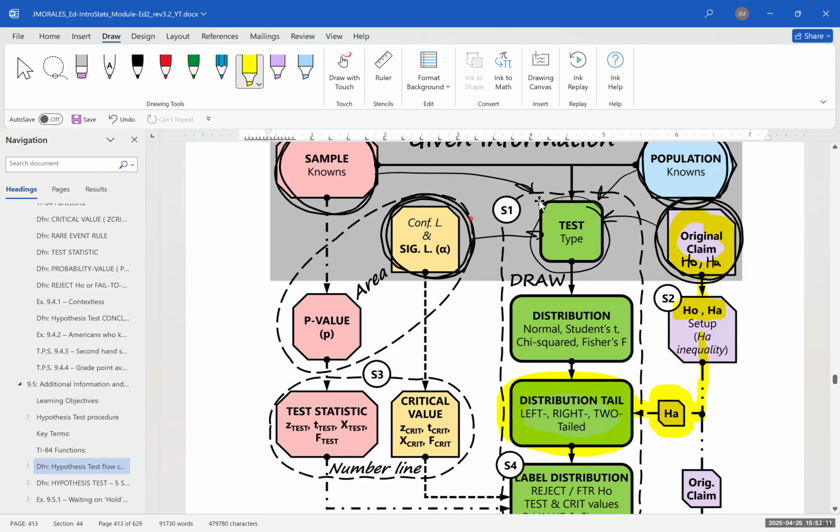Over here, on the left-hand side, if you want to compare areas, you will calculate a p-value from your test statistic, and you can compare apples to apples here and oranges to oranges here by comparing a test statistic to the critical value.